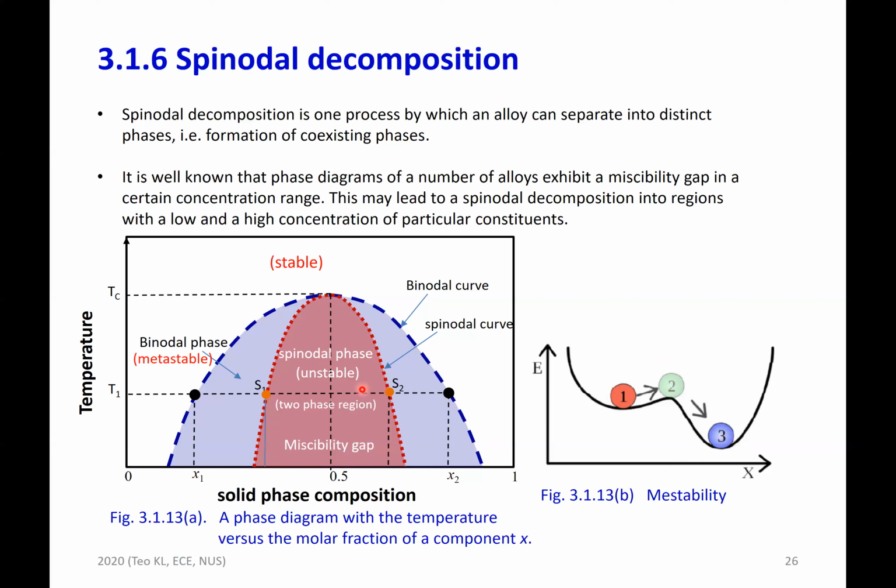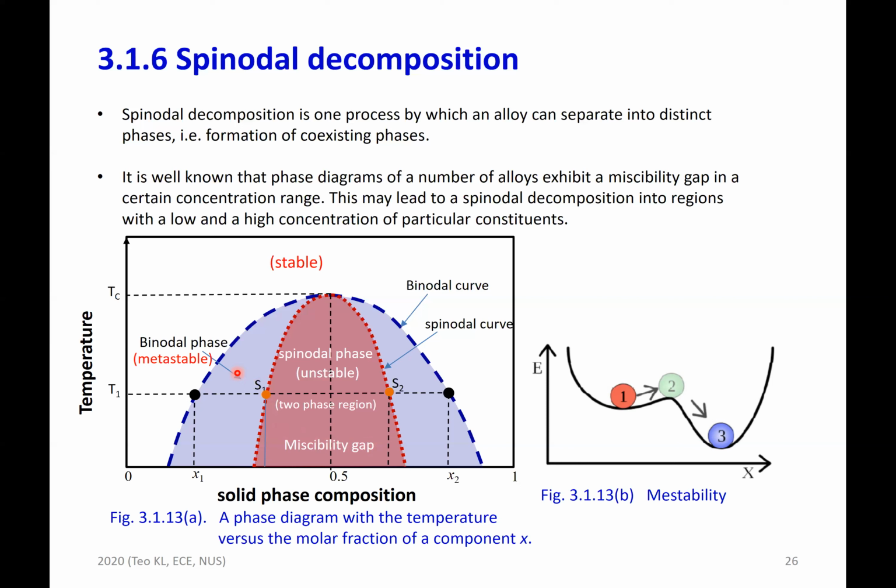Now, phase separation occurs when the system is within this miscibility gap. Usually in the unstable region, the growth is by spinodal decomposition, meaning that it grows into two distinct phases. Down here, in the metastable region, the growth of the material is by nucleation process.